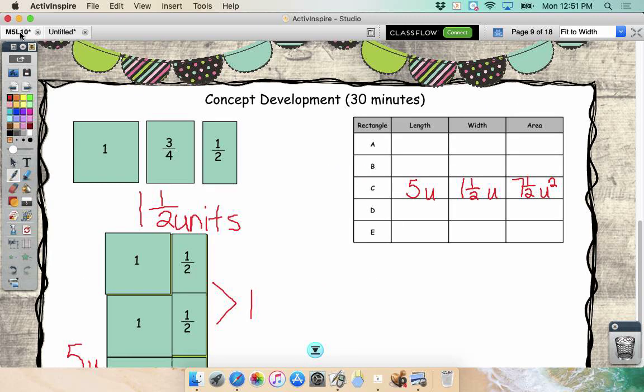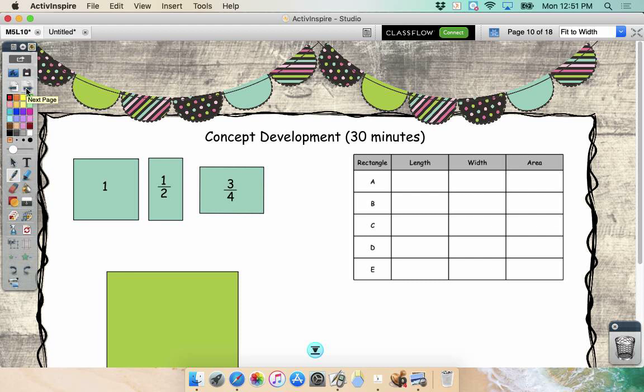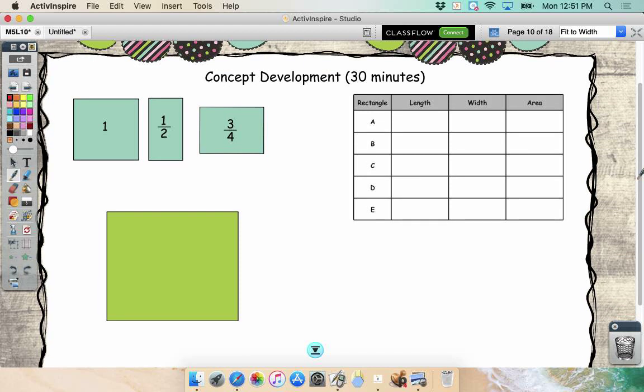Let's go back to the tiles. Okay, so this one. Drag another one to the left, drag another one. 3/4. I wonder if that's why I turned the 3/4 sideways.